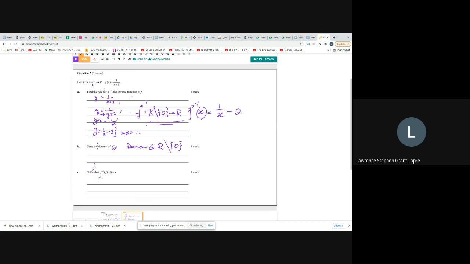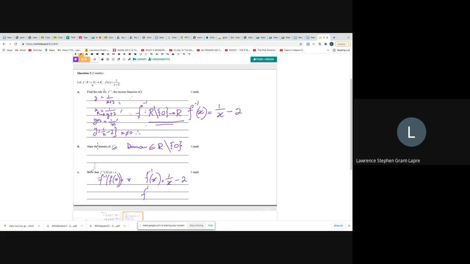Okay. Show that the inverse of the function of x equals x. Well, the inverse function, as we've said, is equal to 1 over x minus 2.